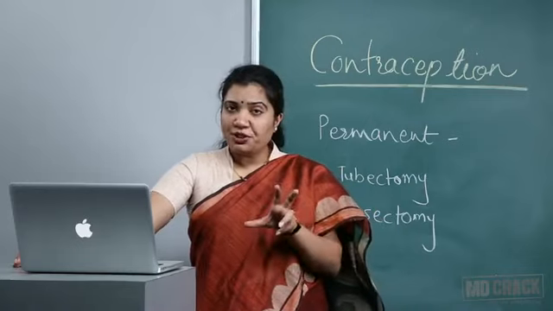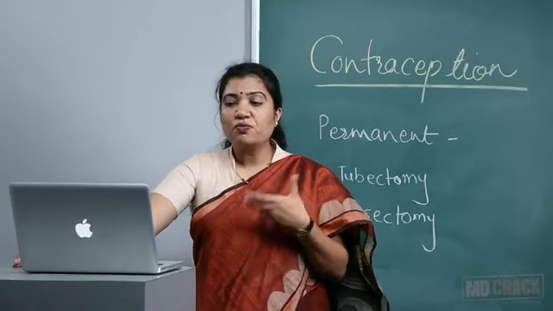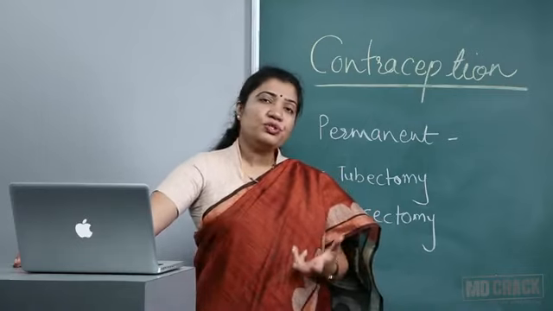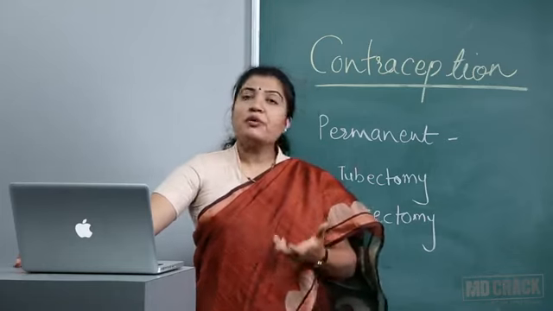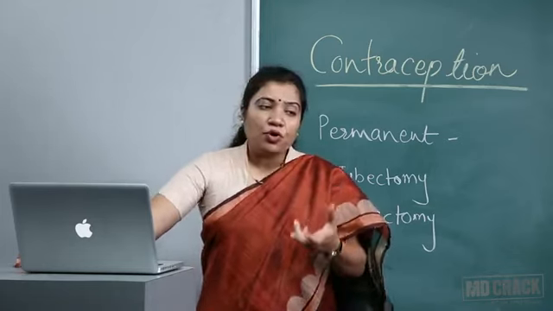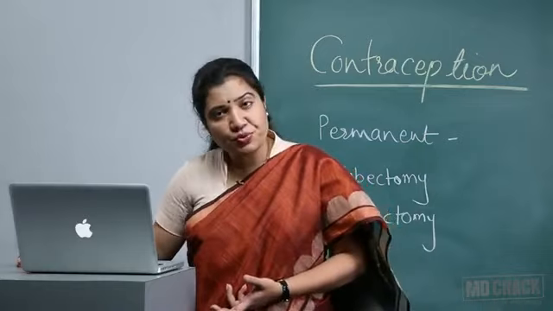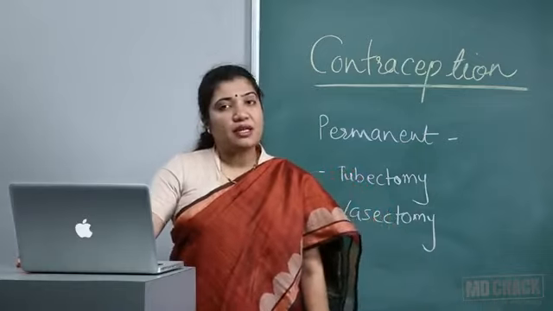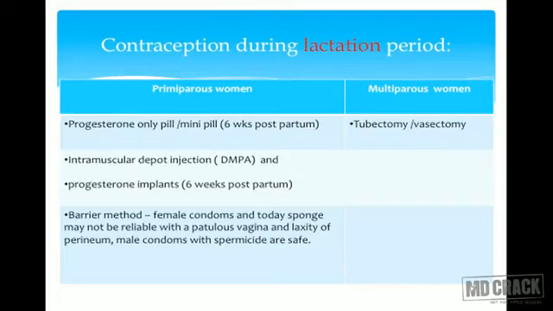Contraception during lactation period. This can be an MCQ: what are the contraceptives which can be used during the lactation period, or a question can be formed this way: the following are the contraceptives which can be used during lactation except. So most likely you all know POP, that is progesterone only pills, mini pills, they can be used during lactation.